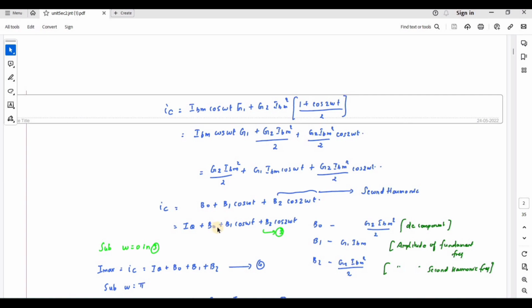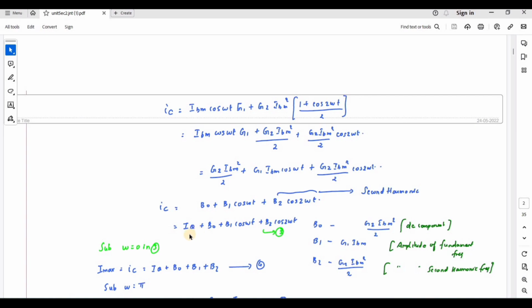B0 is the DC component due to the rectification of the signal, B1 is the amplitude of the desired signal at fundamental frequency omega, and B2 is the amplitude of the second harmonic frequency 2 omega. IQ represents the DC component of the current.